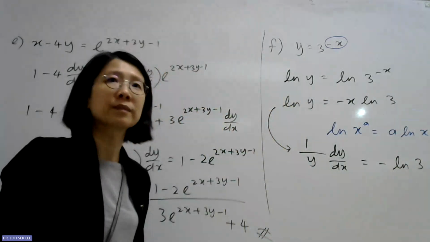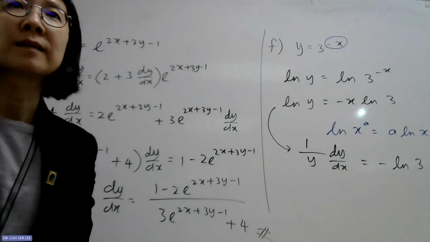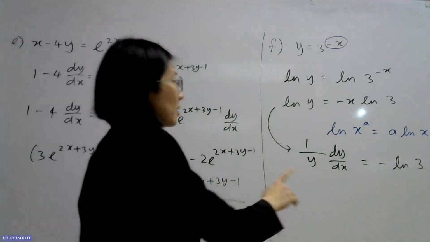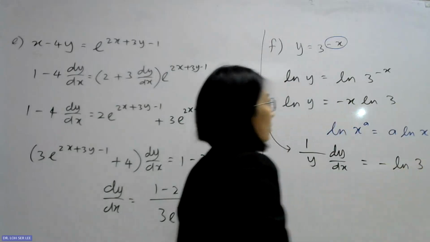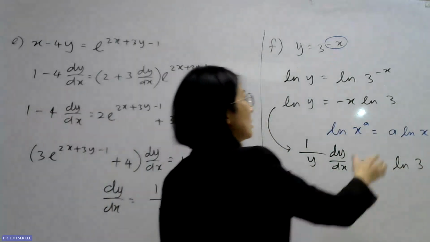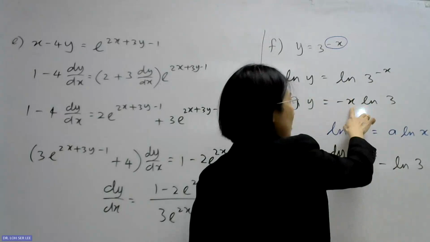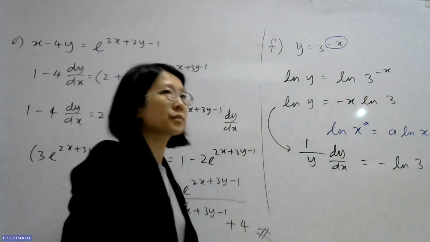What is ln 3? ln 3 is a constant, right? ln 3 is just a constant. There is no x here. We won't have a denominator. ln 3 is a constant, constant times x. That's why when you differentiate x, you just get the constant.